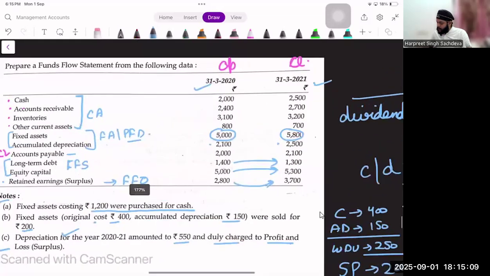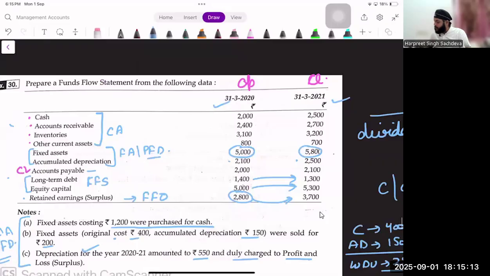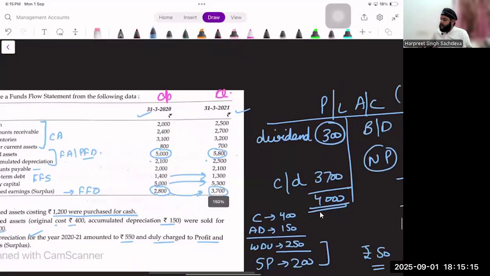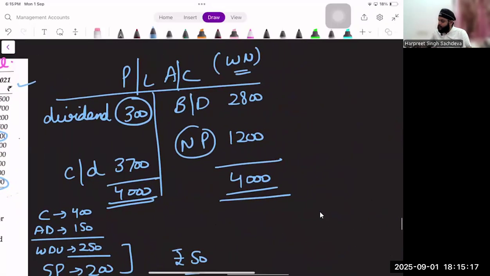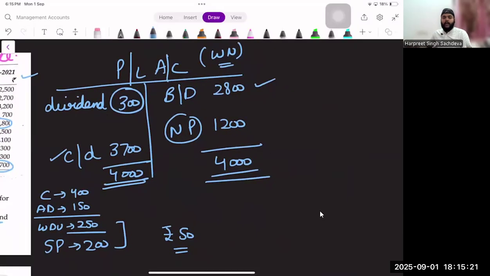Ritika, the opening P&L balance was 2800. Closing it was 3700. Yes or no? Brought down and carried down 2800 and 3700. Yes or no? The reported income says means your net profit for the year is 1200. Net profit for this year is 1200.